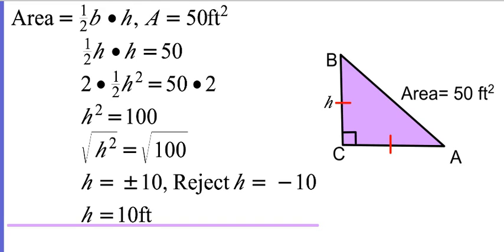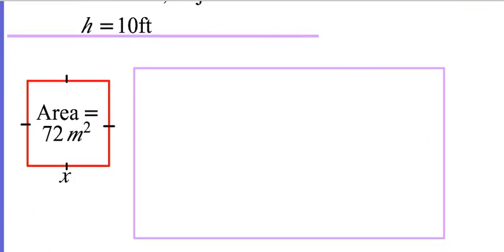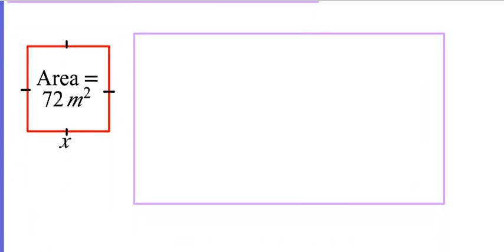All right, let's try another exercise. Here we have this geometric figure, and based on these tick marks, I can see that I have a square because I have 4 congruent sides. And we were given an area of 72 square meters and a variable of x.